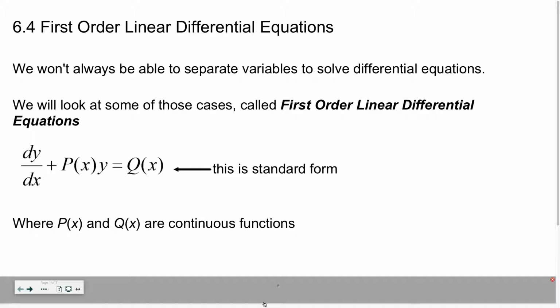If they're not continuous, this isn't going to work. But if you have dy dx plus some function of x times y equals some function of x, then we can consider that a first order linear differential equation. That's a lot to say. I know. It's like a tongue twister.